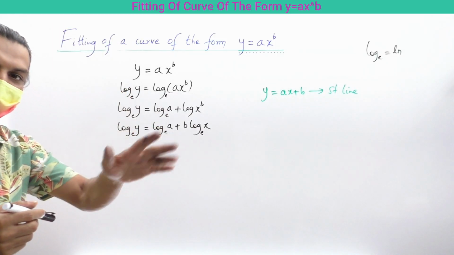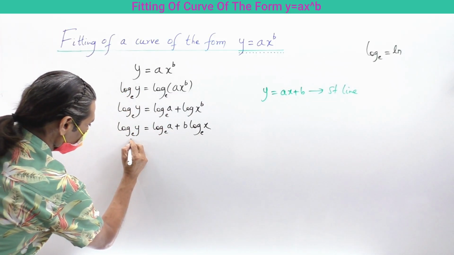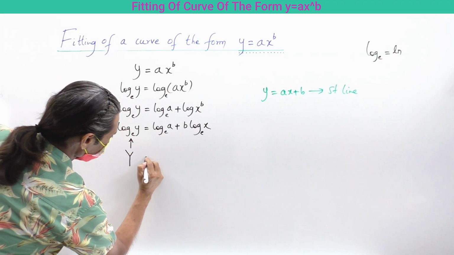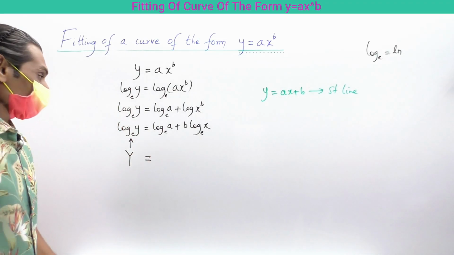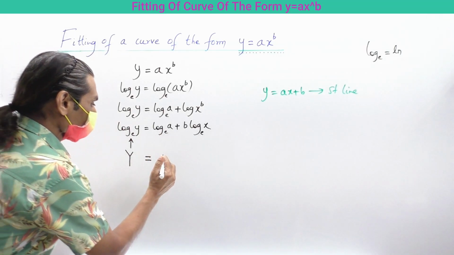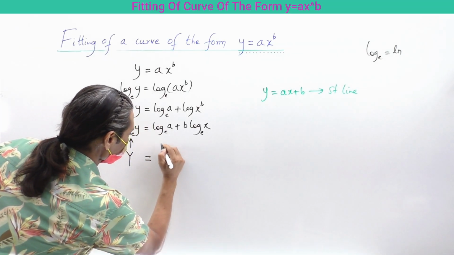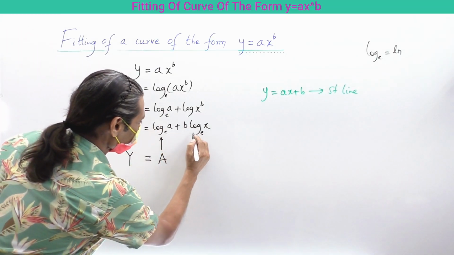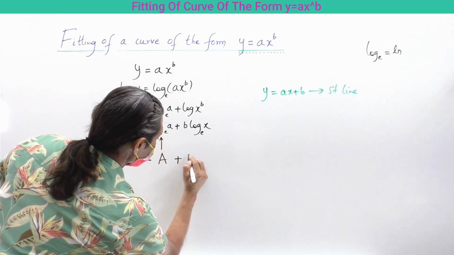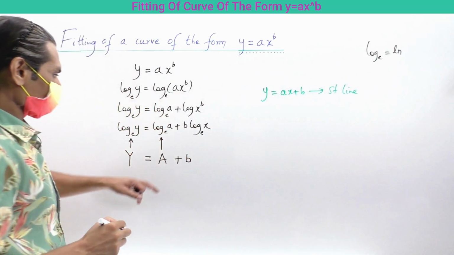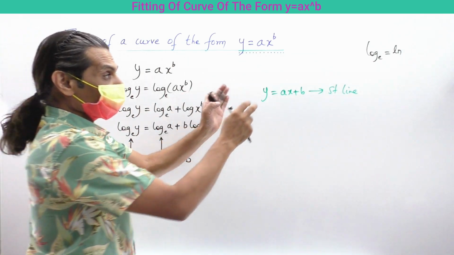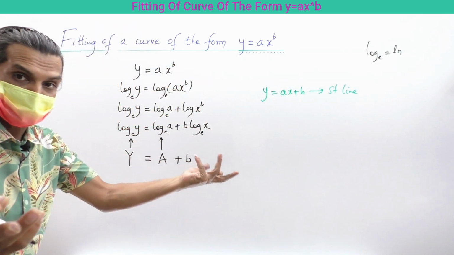Simply, I will assign this log of small y as capital Y, this log a I will take as capital A, then this plus b is as it is, small b, keep it as it is, because I want to fit the form ax + b or A + bX, whatever, both are the same.